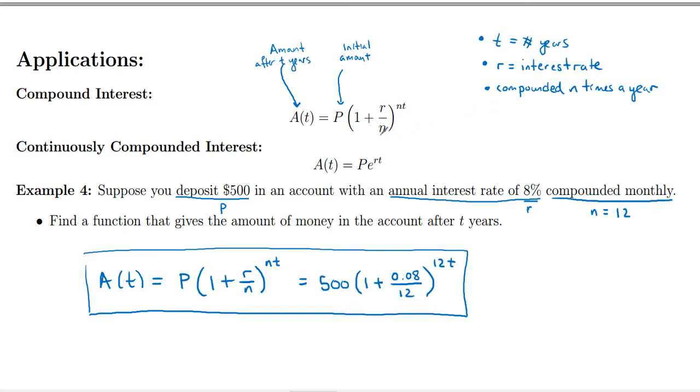So if you do this every day, you're increasing n, right? That would be 365 times a year, but you could also compound it hourly, and then minutely and secondly, and you can make that increment of time as small as you want, but you're making n go to infinity.